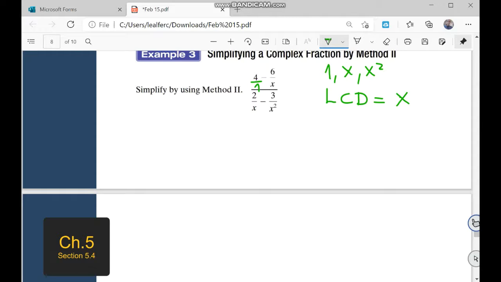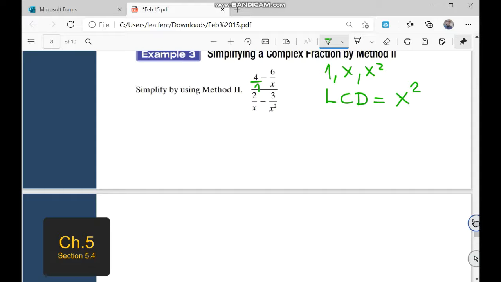Multiplying by 1 doesn't help at all. Now you're going to choose the highest exponents. The least common denominator is the unique factors with the highest exponents. On this expression here, the least common denominator is x squared.